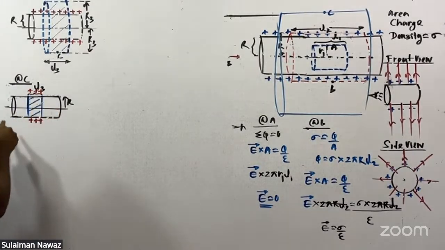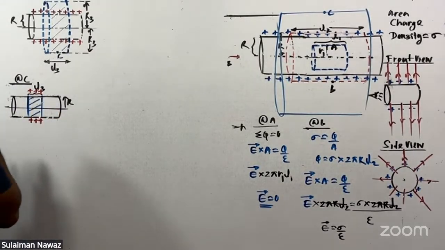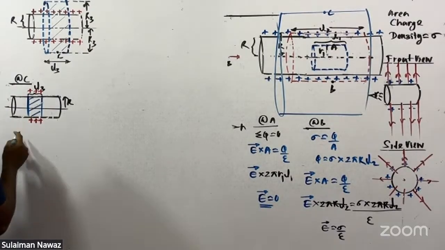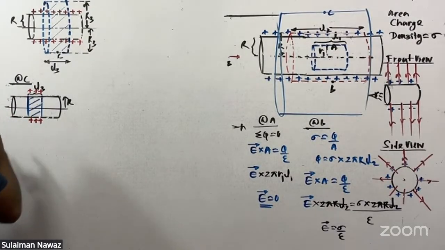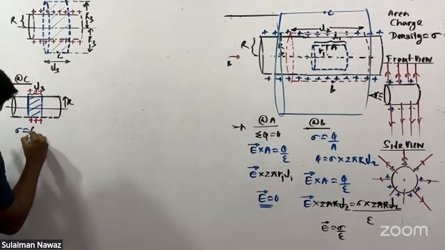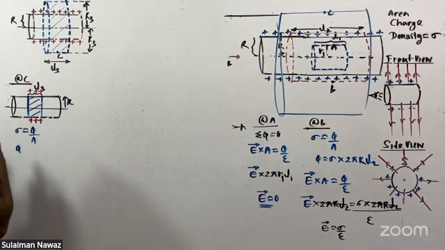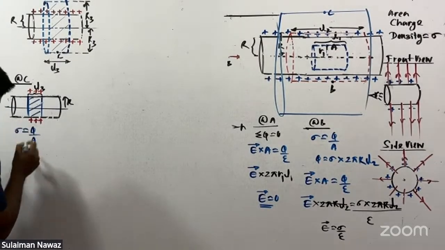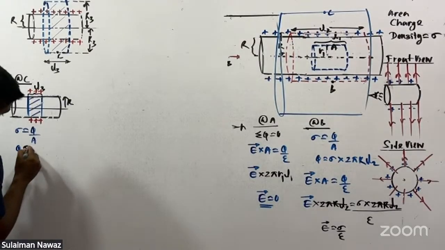Not the entire charge. Then the equation is area charge density sigma equals Q over area. Then my Q is going to be sigma into the area on the black color cylinder.